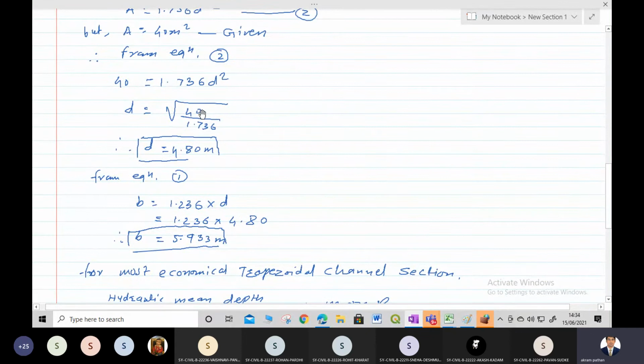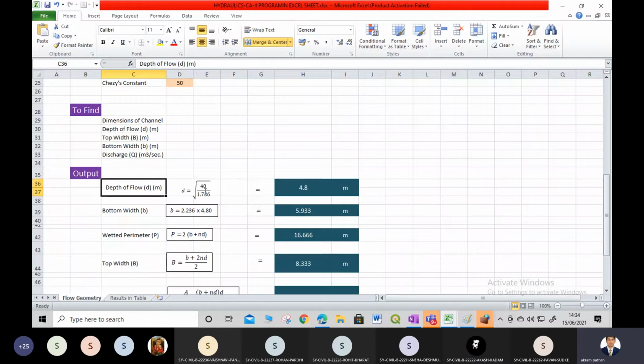D is equal to under root 40 divided by 1.736. So directly you have to write down that formula here. How will you insert this formula? That is the question for many of the students. How to generate this formula?